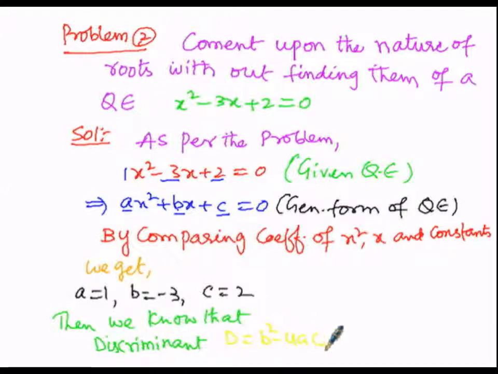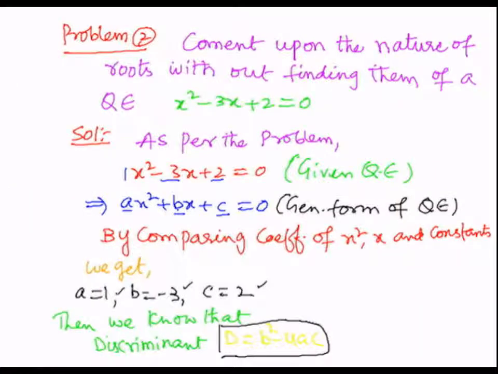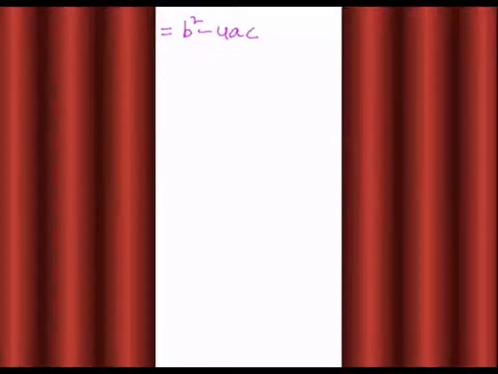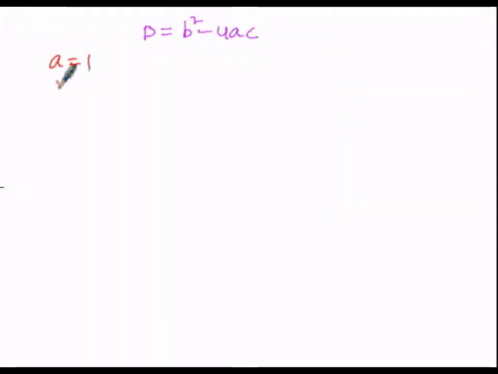So you have to find the value of the discriminant D by replacing the values of a, b and c as per the given quadratic equation, which are a equals 1, b equals minus 3 and c equals 2. So D is given by b square minus 4ac, and we have to substitute these values. Then the next logical step.